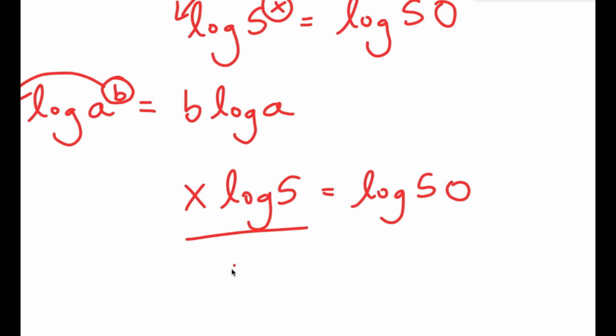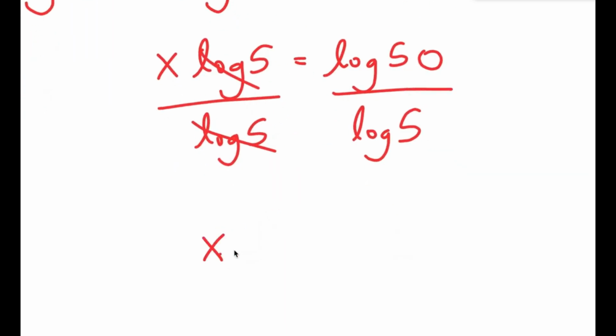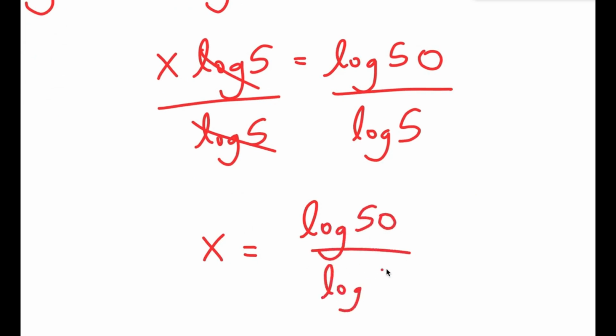Now from here, I'm going to divide both sides by log 5. So then these two cancel out, and I get x is equal to log 50 over log 5.